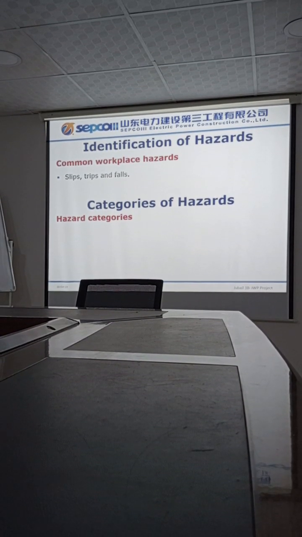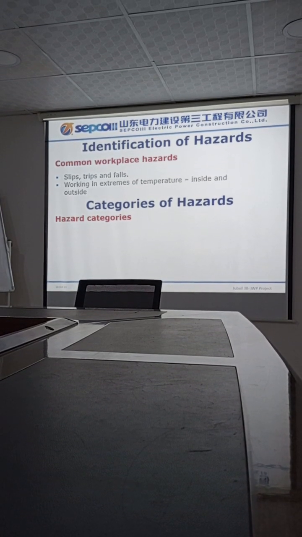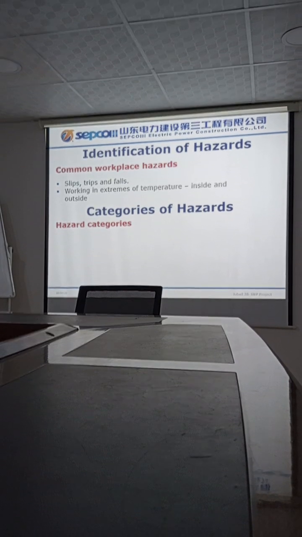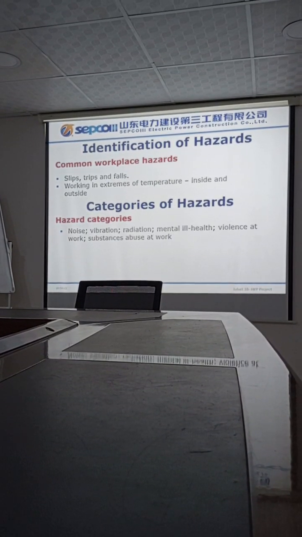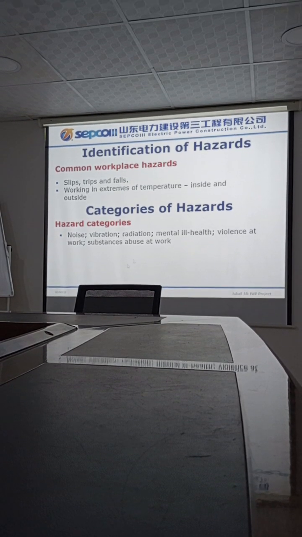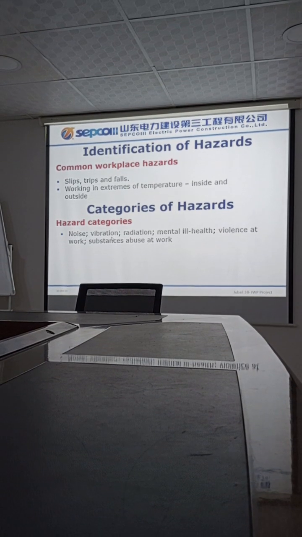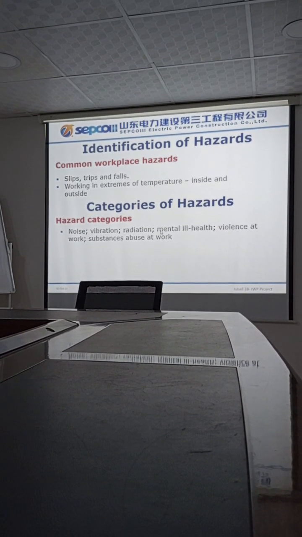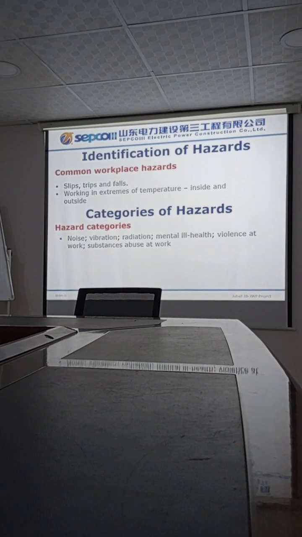So here, identification of hazard, common workplace hazards. Slip, trip and fall, I mentioned it. Extreme temperature, last summer, inside and outside. This is common in the workplace. Hazard categories: we have noise, vibration, blasting vibration, radiation, mental health, if people have maybe a family problem or tension.